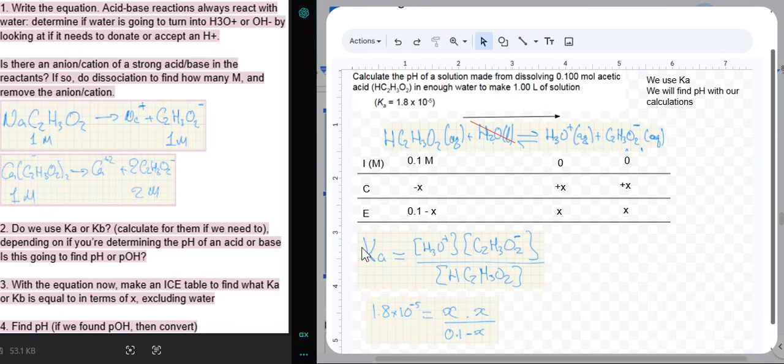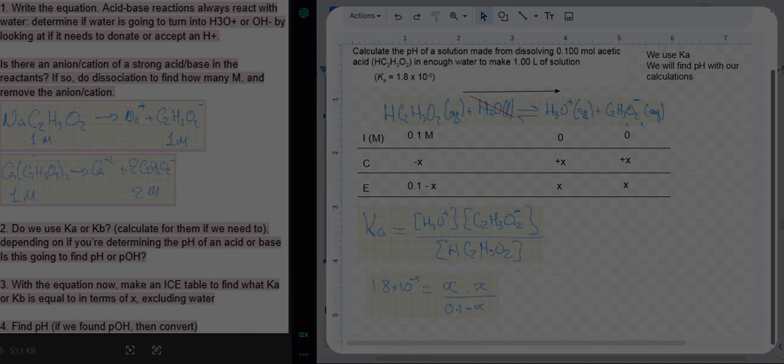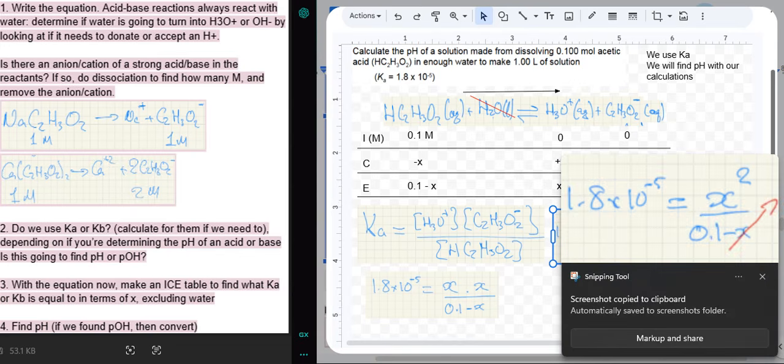Ka, we know Ka from here, and H3O plus is x. That is also x, and that is that. So it's x times x over 0.1 minus x, which can also be written as this.